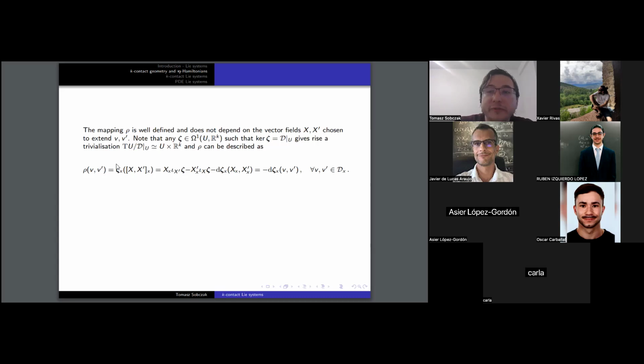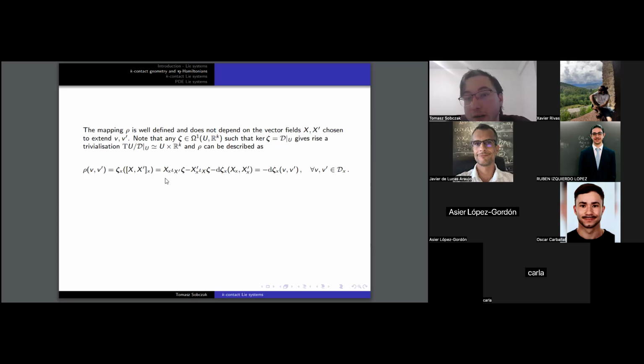Then we can trivialize these quotients in this manner, and we can express our rho as just the contraction of our differential one-form with this commutator.